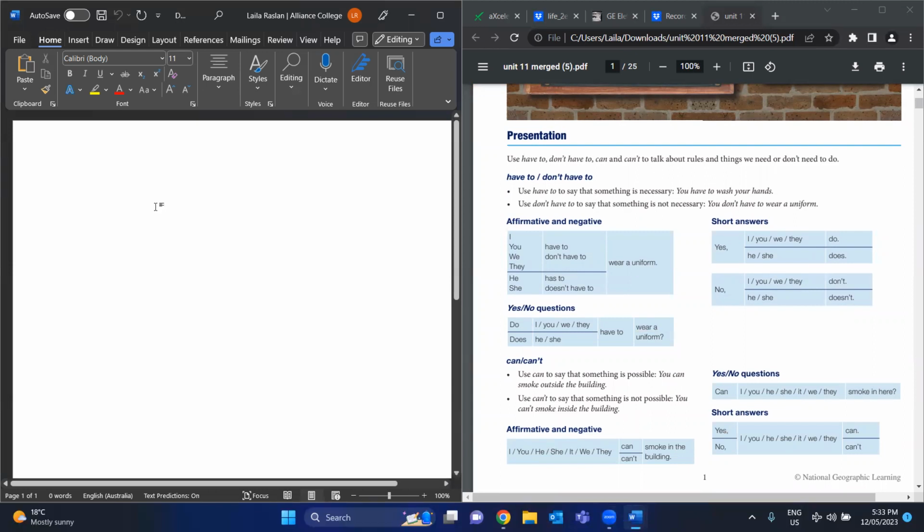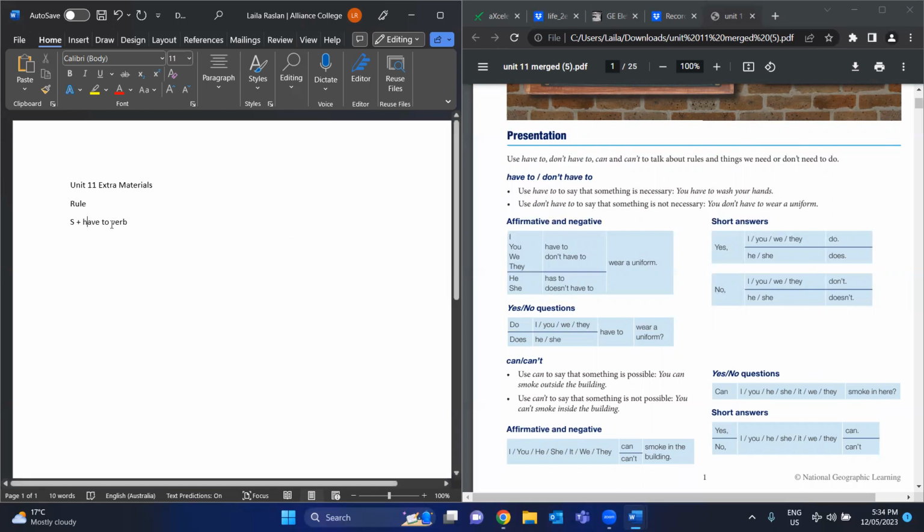So let's write some notes. Unit 11, extra materials. So the rule is we have to, verb, whatever the subject is. First you have a subject: I, you, he, she, it, we, they. And then you say have to.